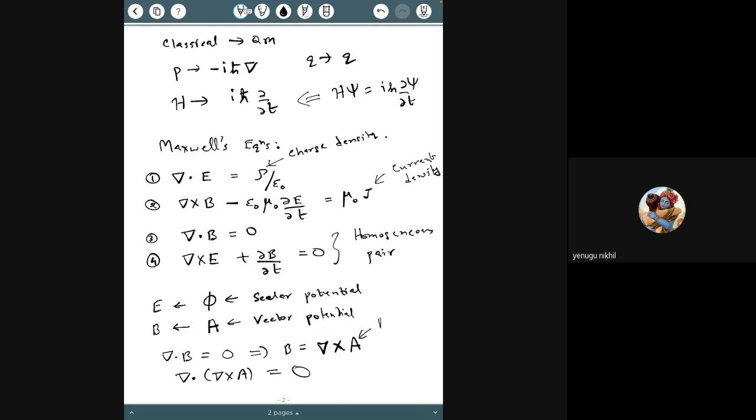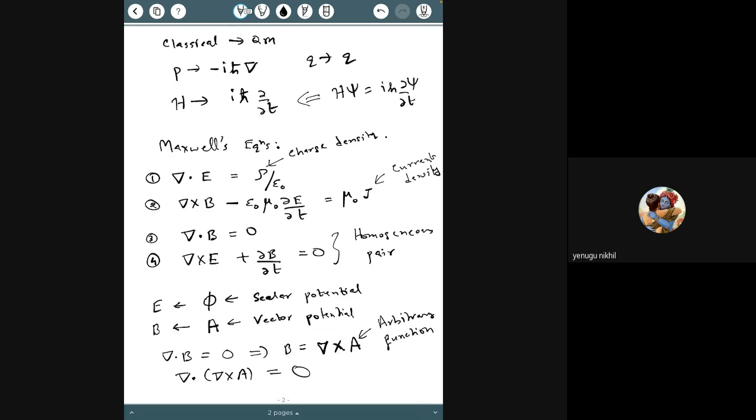Let's say it is an arbitrary function, and we are identifying it as a potential because the field is the derivative of that function. So A is not something we have constructed first. It's the field that we know, and we know that the divergence of the field must be 0.